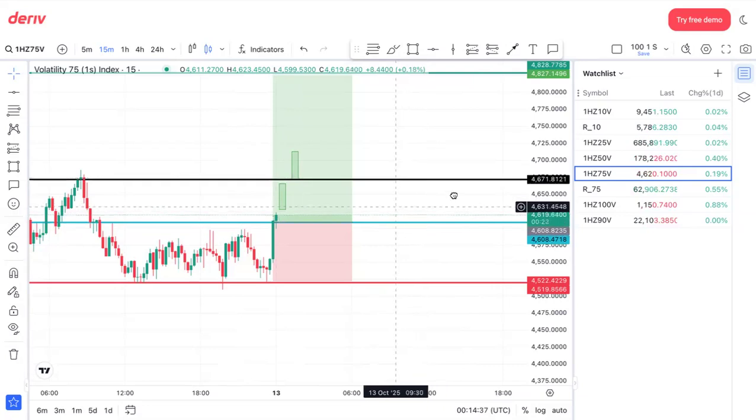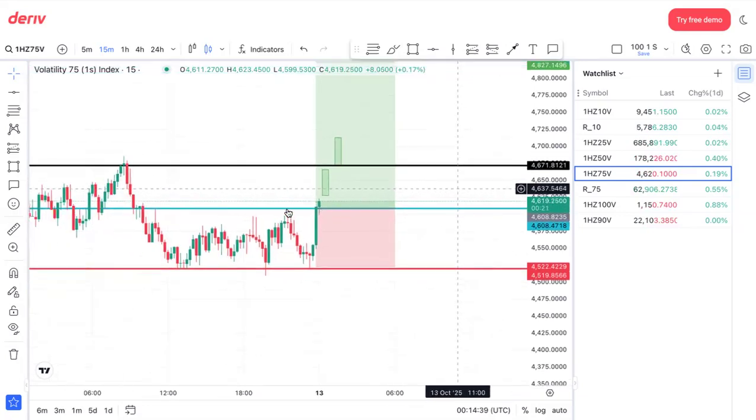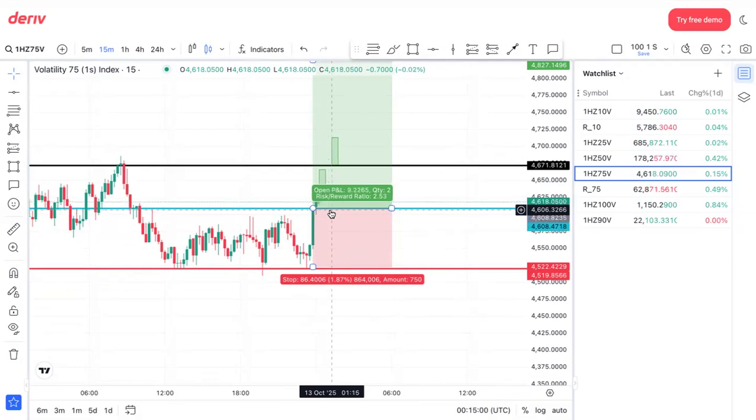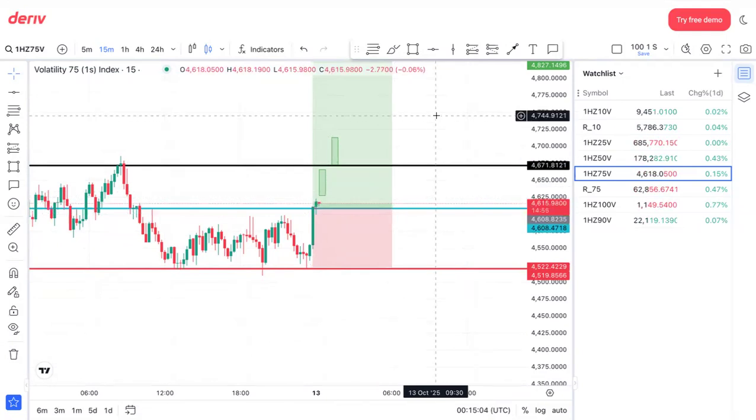They're not teaching you that you don't move your stop loss in profit to break even until the first candle closes. It's only when you get the first candle close that you move your stop loss to break even. Everybody with me so far? Right? That's when you only move your stop loss in profit.